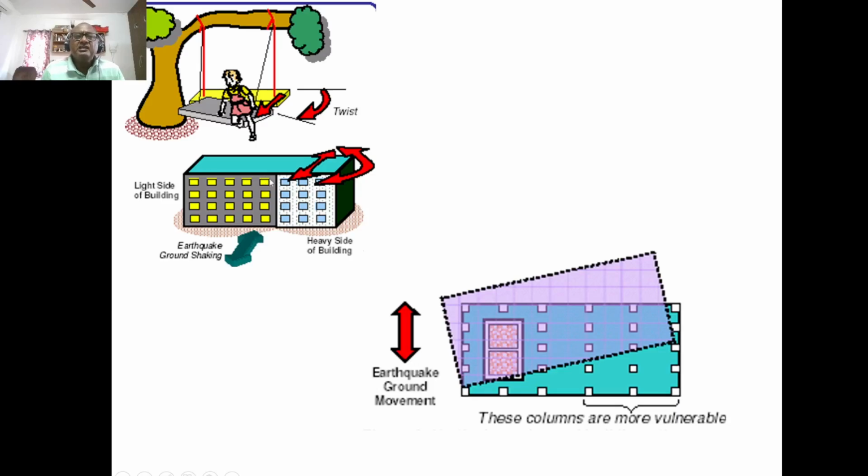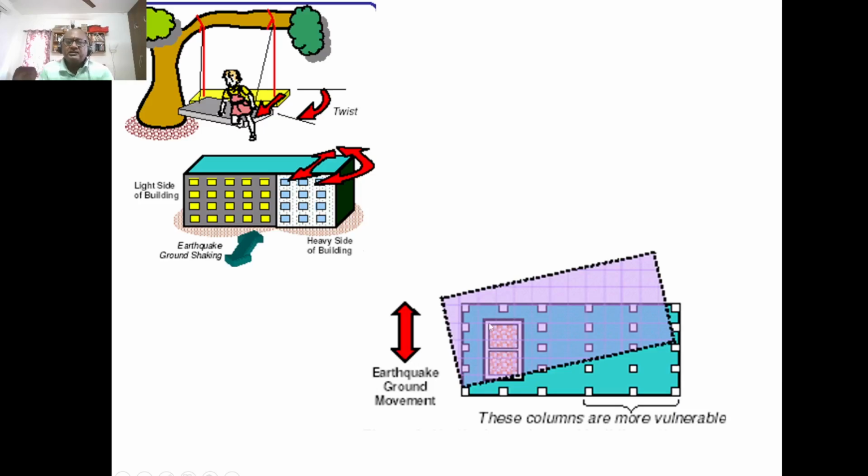In the same way, suppose I have a structure and there is ground shaking, and we have a light side of the building and a heavy side of the building. When I say heavy, the mass of that portion is heavier than the other portion. I will explain later. This is what is called unequal mass distribution. For example, we have a water tank or some kind of heavy load here, and the normal structure on the other side.